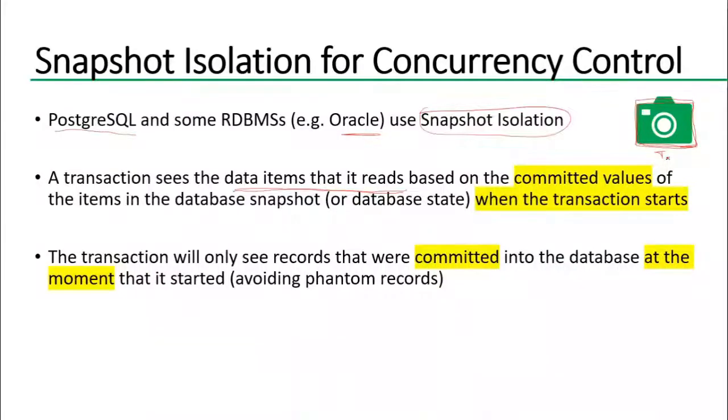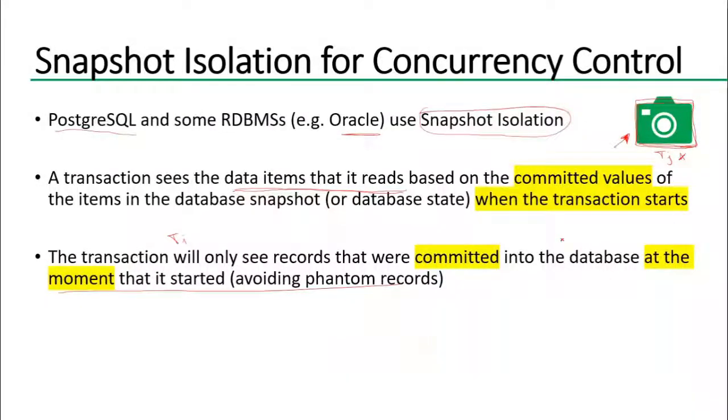You ignore this new value and work just with the snapshot you took at the beginning of the transaction. So your current transaction TI will only see records that were committed in the database at the moment it started. If something else happens later to that database item, you ignore it. You consider just the committed information when the transaction started.